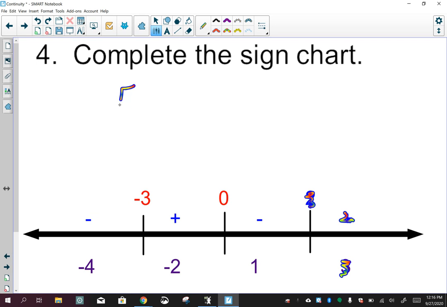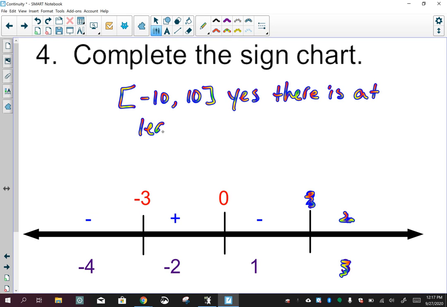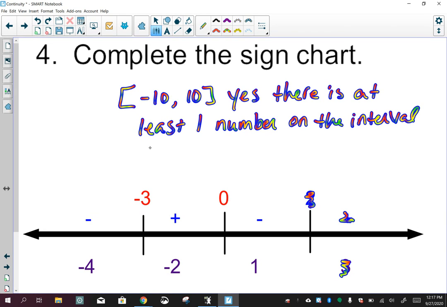So from -10 to 10, I have yes, there is at least one number on the interval that is a 0 by IVT.